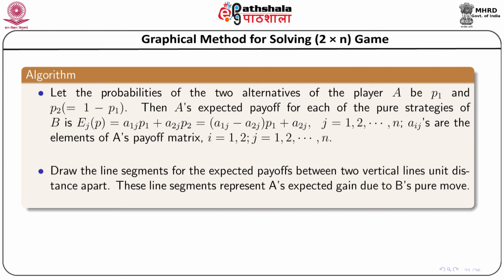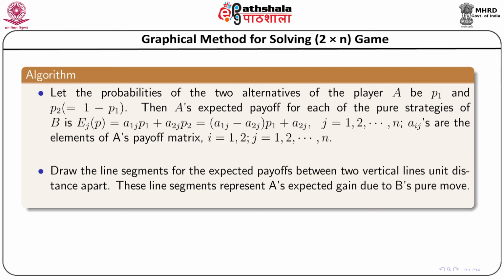Here we will consider player A, which is the maximizing player, who will have two strategies. Let the probabilities of the two alternatives of player A be P1 and P2, where P2 equals 1 minus P1.